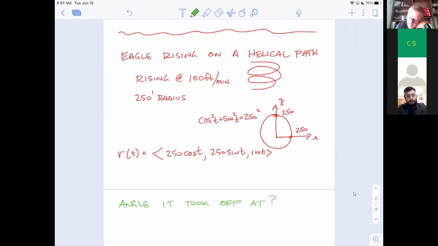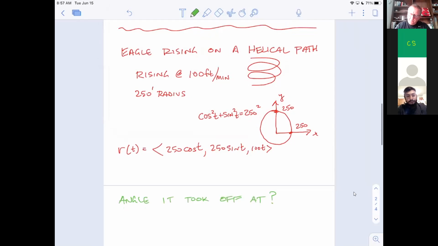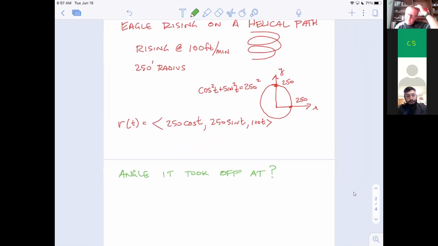This is very poor grammar. How do you say that correctly? The angle it took off at. You're not supposed to end with a preposition. So I want you to think about that for a second, and then we'll do it.